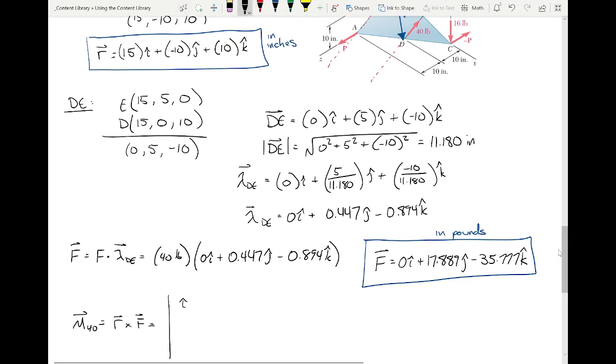So, 15, 0, and then 17.889, -10J, and then 10, negative 35.777K. I believe that that is correct.